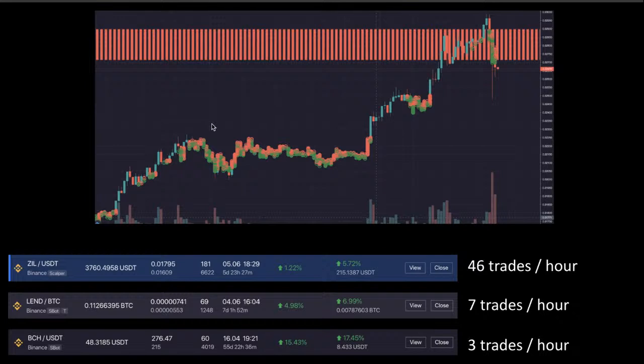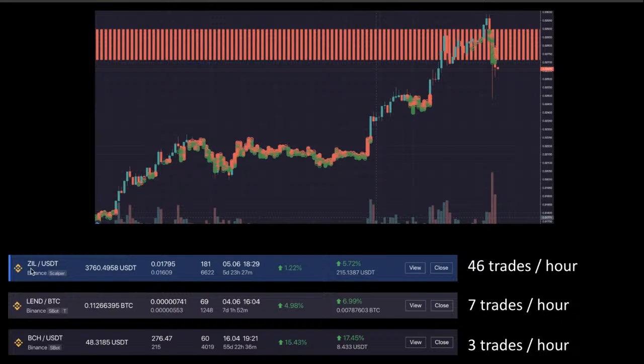Green circles represent buy orders, and red circles represent sell orders. Notice that there are a lot of trades on the chart. So that means that each time the bot spotted trade opportunities on the market to buy low and to sell high, the bot executed trades.